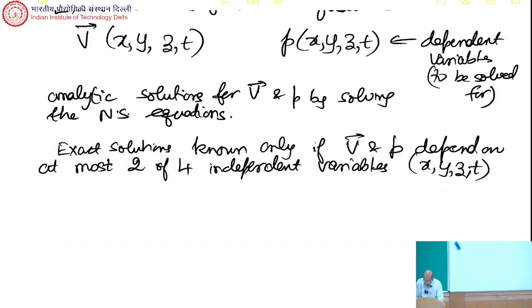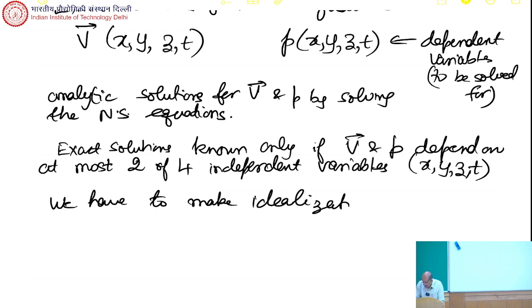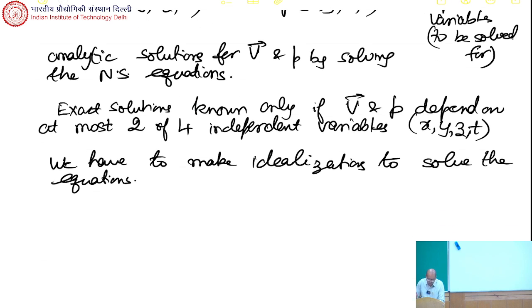So therefore, we have to make idealizations to solve the equations. So what type of assumptions do we make?